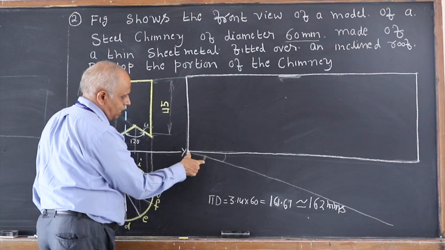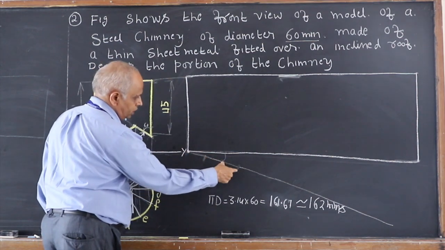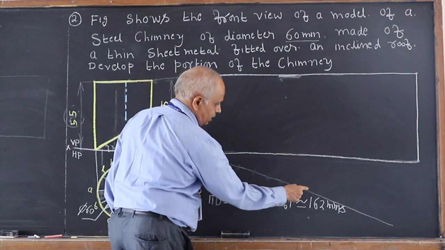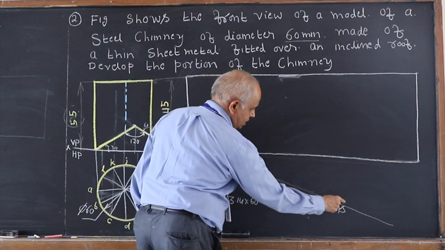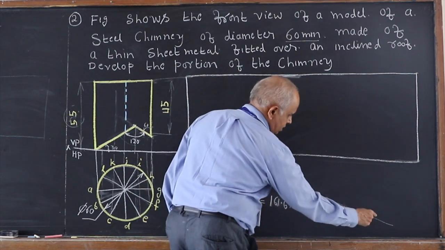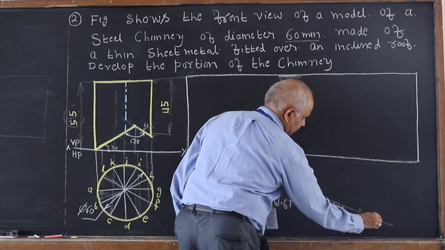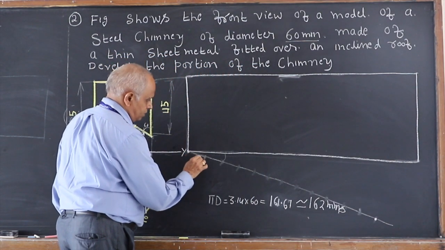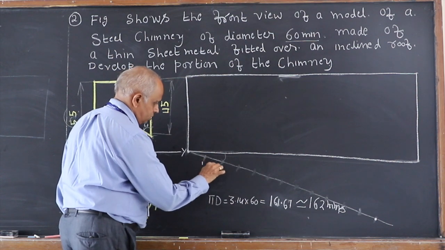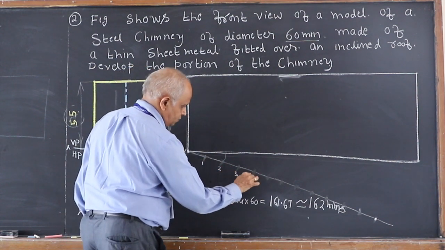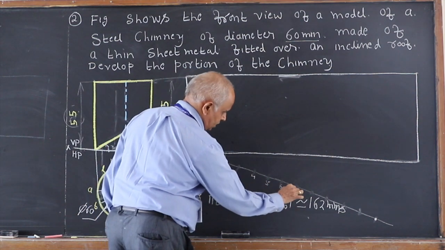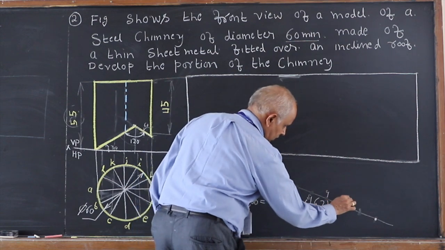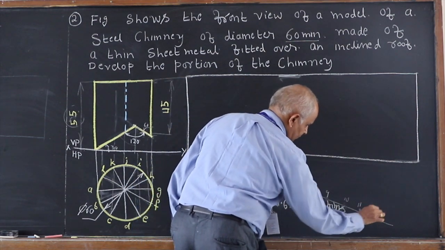Step it up 12 times. 1, 2, 3, 4, 5, 6, 7, 8, 9, 10, 11, 12. So I get this point. This is my 12th division, and therefore if you want to number it, first, second, third, fourth, fifth, sixth, seventh, eighth, this is 9th, 10th, 11th and 12th.